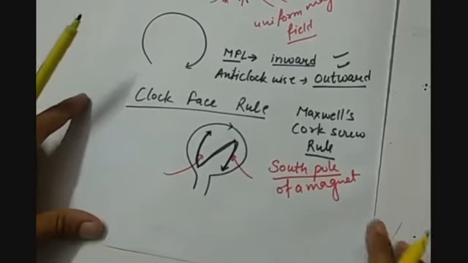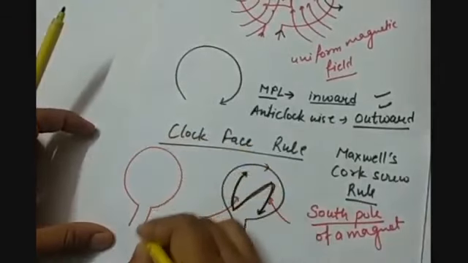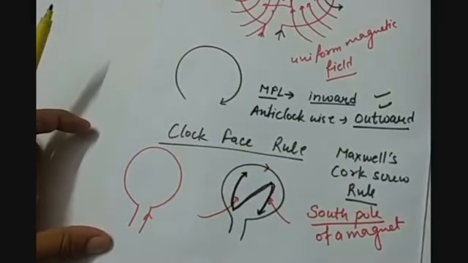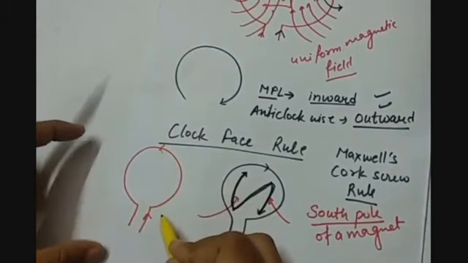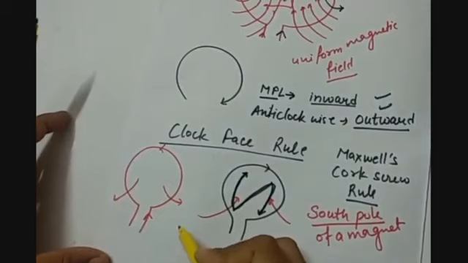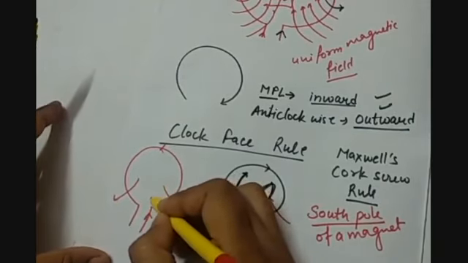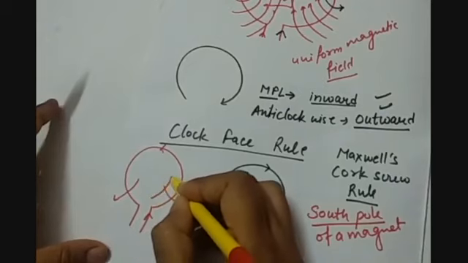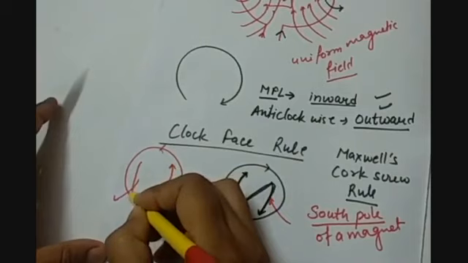The second thing is that when the current is flowing in anti-clockwise direction, we have seen that the magnetic field lines are coming out. And here what is happening? The current is flowing upward, then it is coming downward.